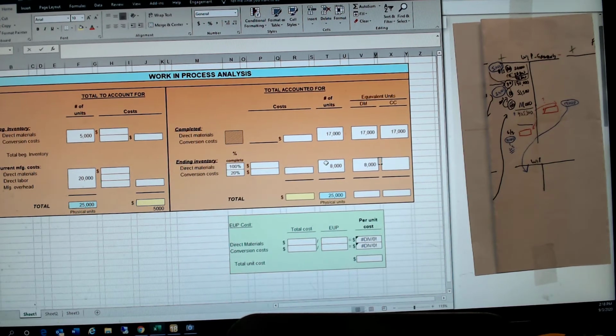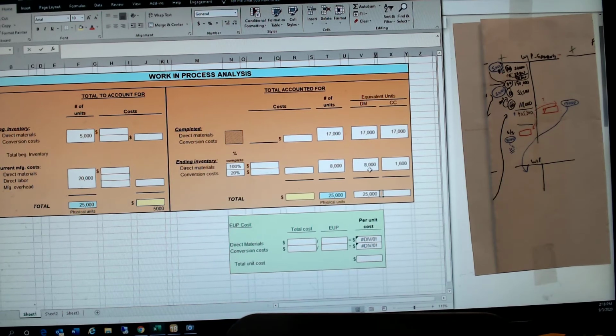But with regard to conversion costs, they're only 20% complete. So 8,000 units, 20% complete, is the equivalent of 1,600 fully completed units.